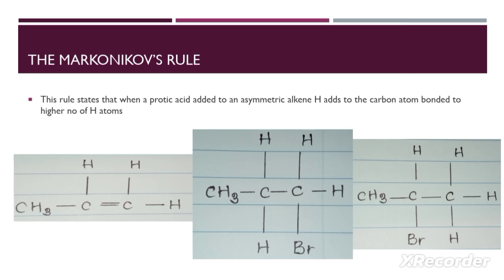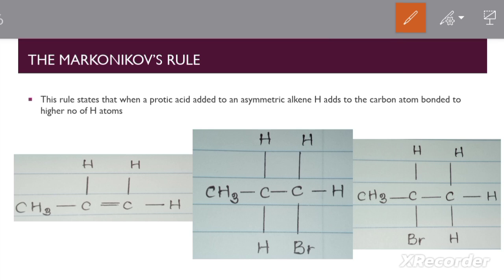Then we will see what happens to an alkene when it is reacted with a hydrogen halide. So this is applicable to alkynes also, but I am explaining it through an alkene, right? So my alkene is this one and this is an asymmetric alkene. Why am I saying that it is asymmetric?